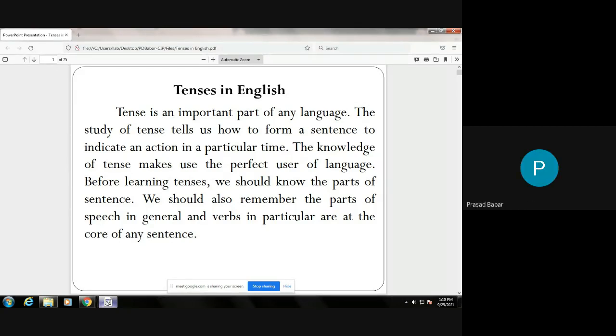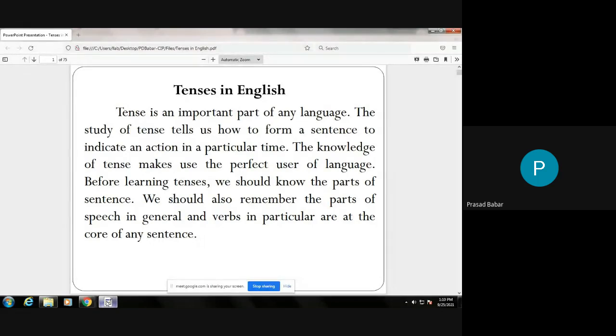Then we'll start today's lecture, that is tenses in English. Let me first tell you the importance of tenses, why we learn them at the very first, why they are used, and what their use is. Tense is a very important part of any language.